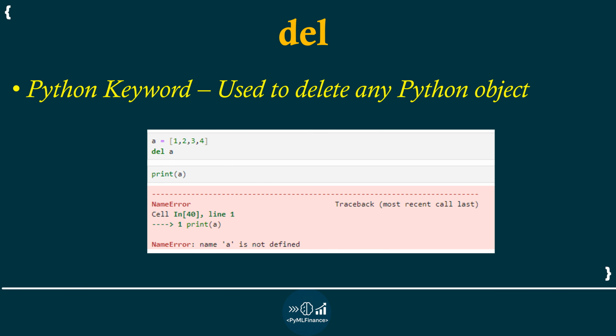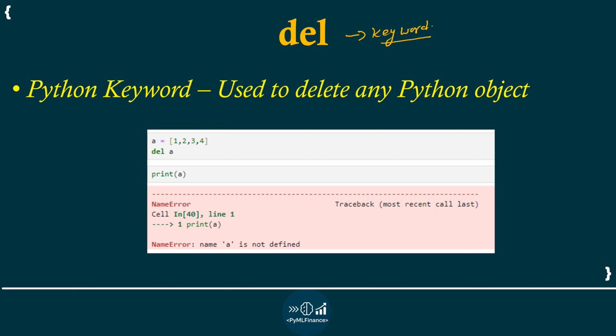Next is delete. One interesting thing is that delete is not a method. This is a Python keyword, used to delete any object in Python. You can use the del keyword with any object in Python, and Python deletes that particular object.